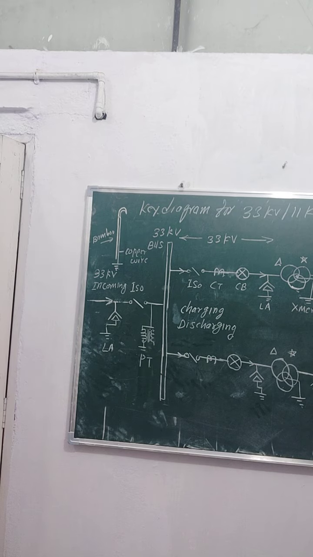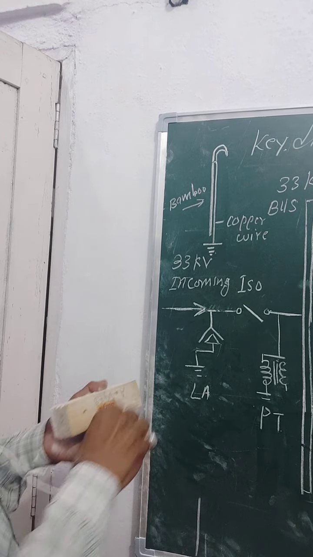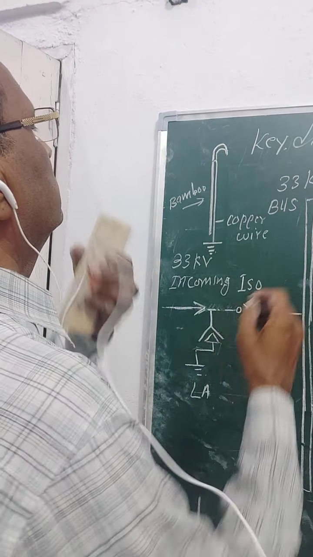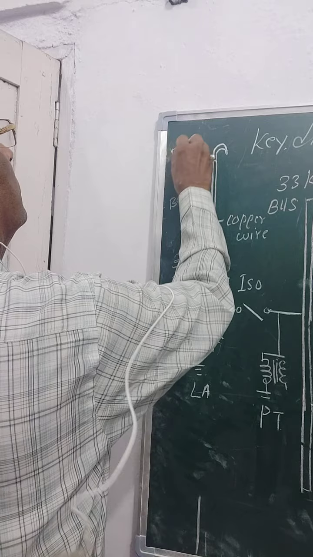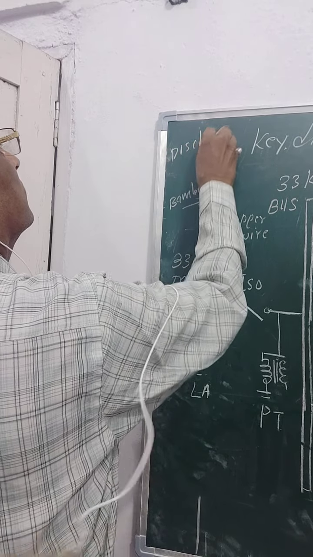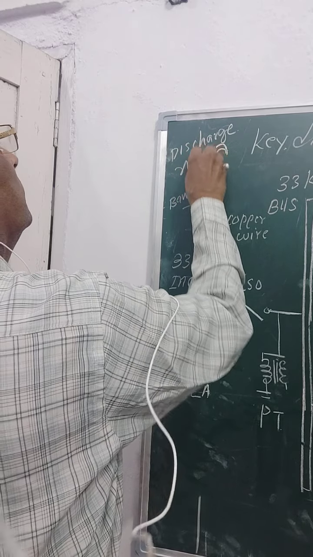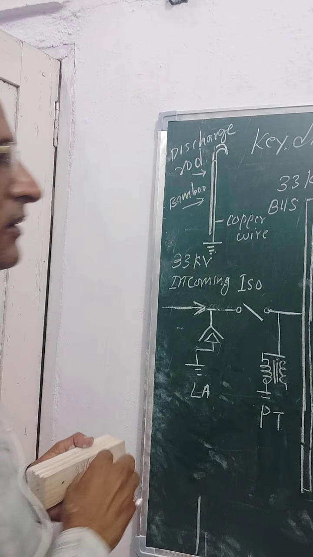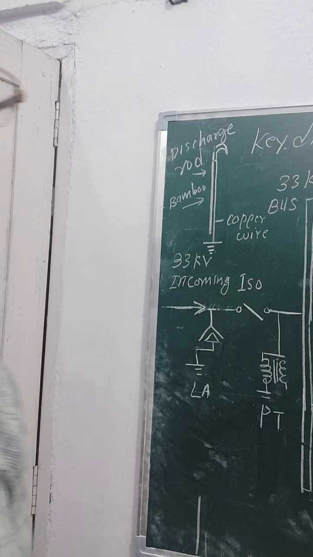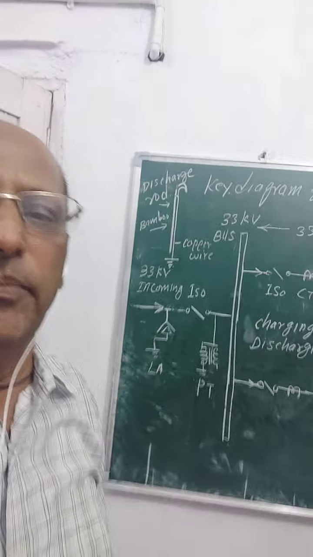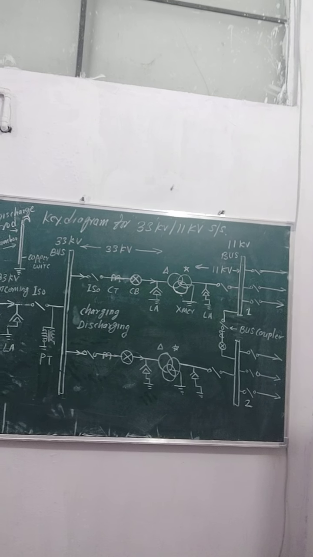This is a discharge rod. This is a discharge rod, which is a bamboo stick having a copper strip on the top, from where a copper conductor is connected up to the ground.